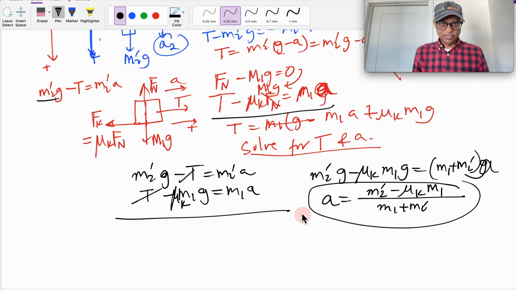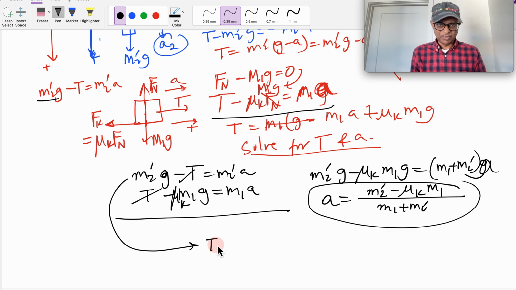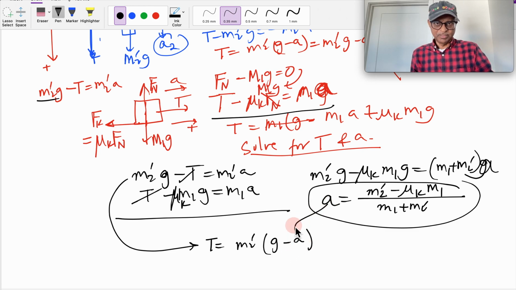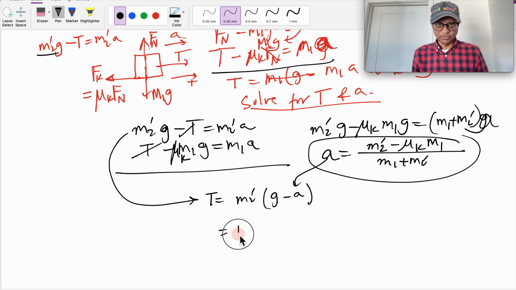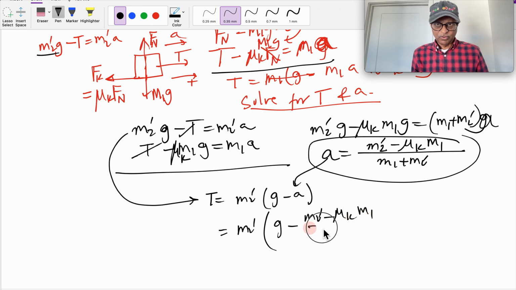And obviously you can pick any of these, and say you pick this guy, T equals M2 prime g minus a, and you put this here, and you can get the tension.